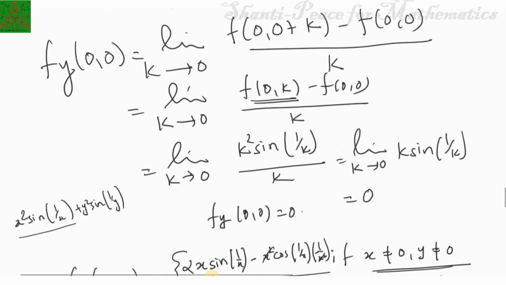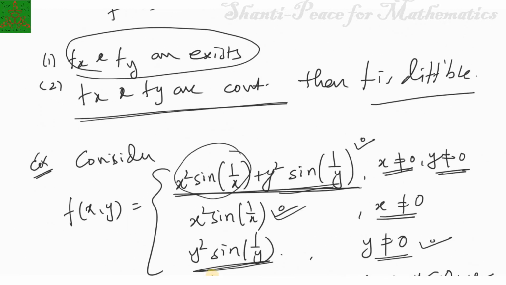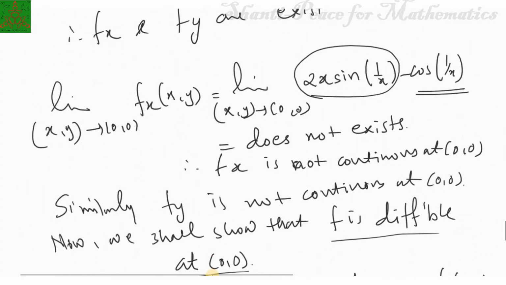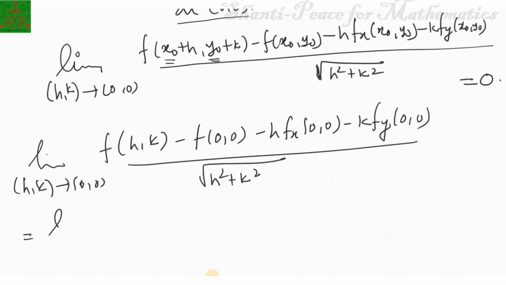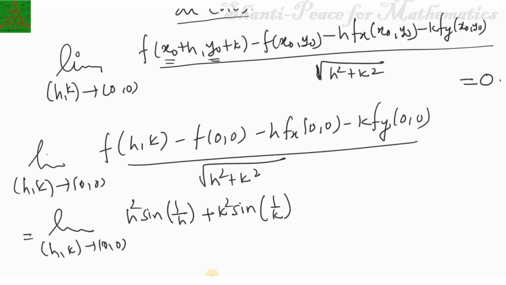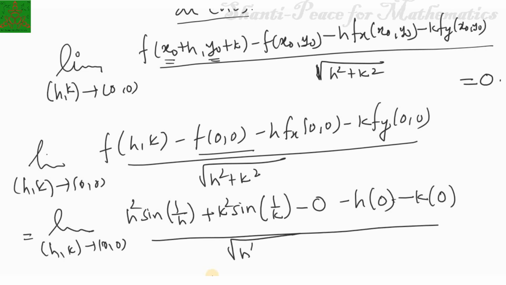Just recall the definition of f, that is x squared sine 1/x plus y squared sine 1/y. So it is equal to the limit as (h,k) tends to (0,0) of h squared sine 1/h plus k squared sine 1/k, minus f(0,0), which is 0, minus h into fx at (0,0), which we have calculated is 0, minus k into fy at (0,0), which we have also calculated as 0, upon square root of h squared plus k squared.